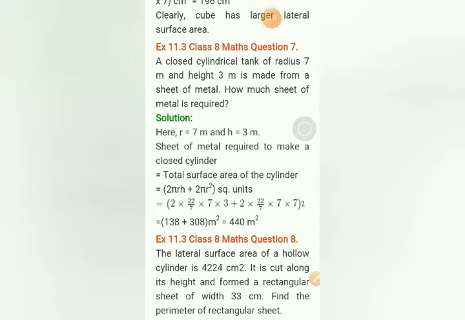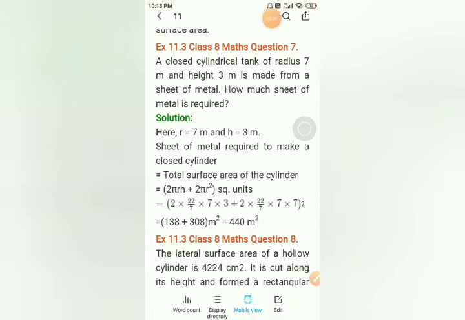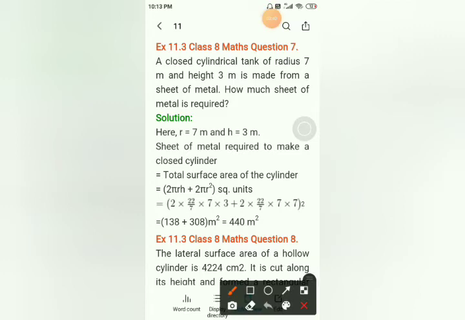Total surface area of cylinder is what? 2 pi R. You remember that formula which I told you to remember? Area of two circles plus area of the curved portion of the cylinder. That is 2 pi R H plus 2 pi R squared is the formula. You can directly use this formula.